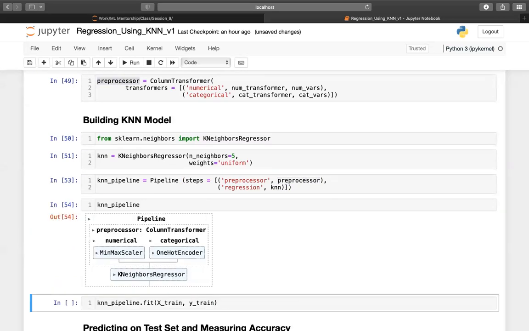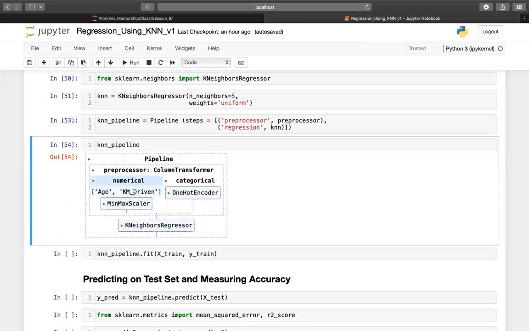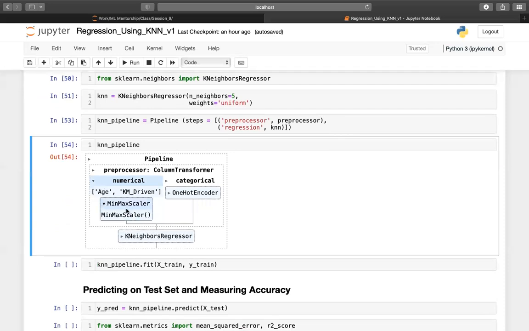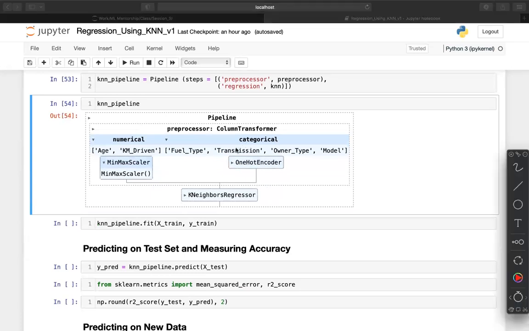If you look at the pipeline now, all the numerical features, which are age and kilometers driven, will go through min max scaling.